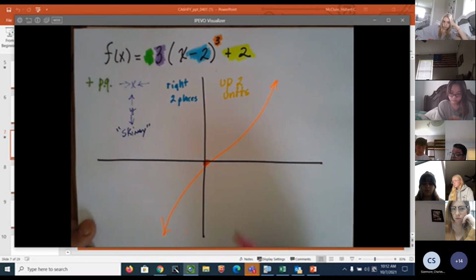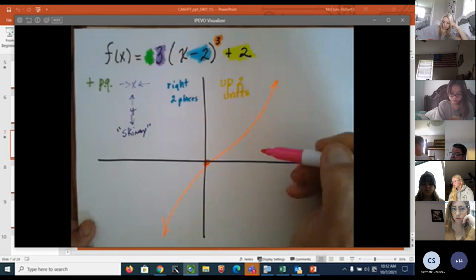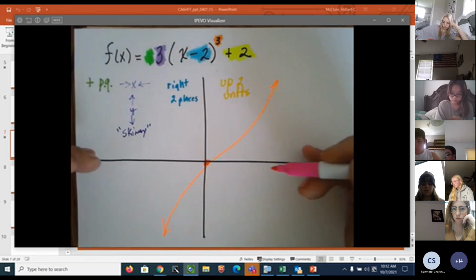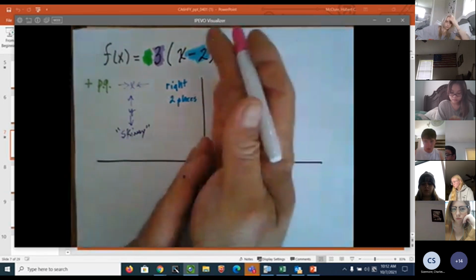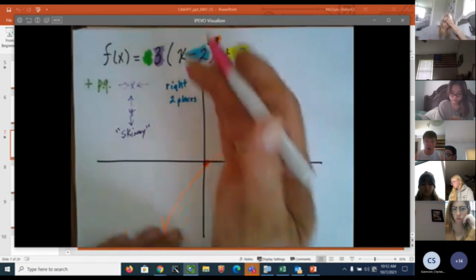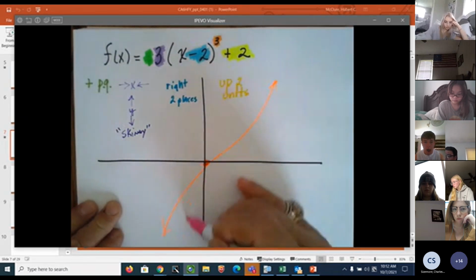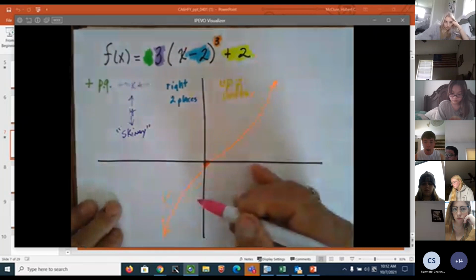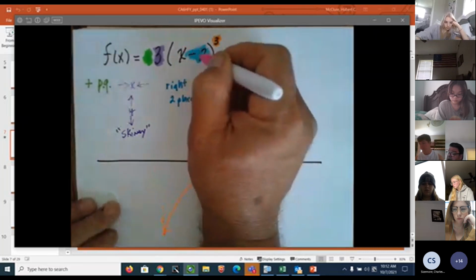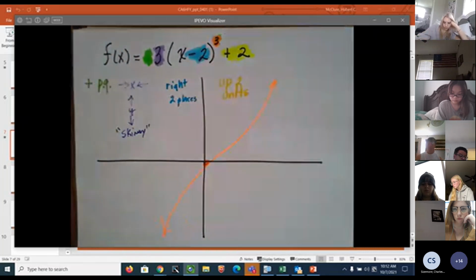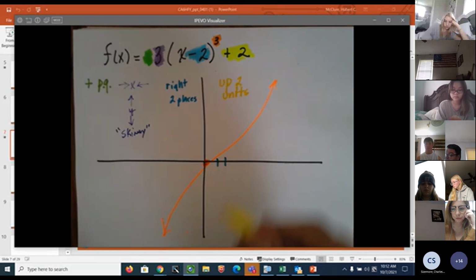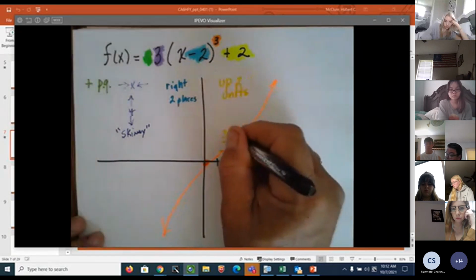If I compress this along the x-axis, it's going to be skinnier, so it's not going to be as drawn out. It's going to have a 2 to the right, 1, 2, and 3 up. 1, 2, 3.